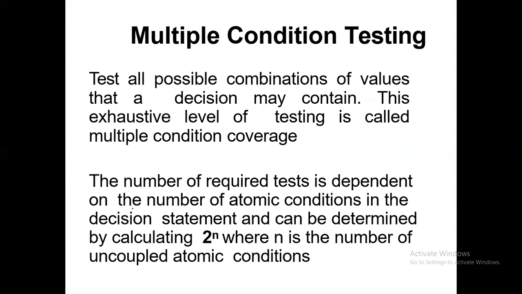So then we have the multiple condition testing, right? The multiple condition testing is a very easy one, rather than the previous one. We don't have to have a very specific set of values, right?